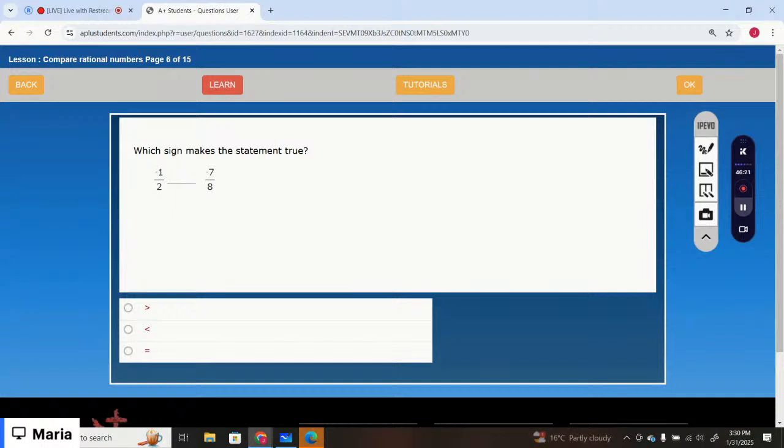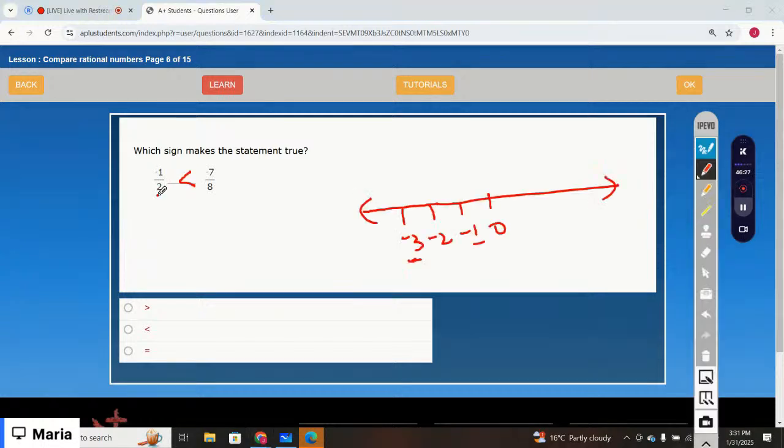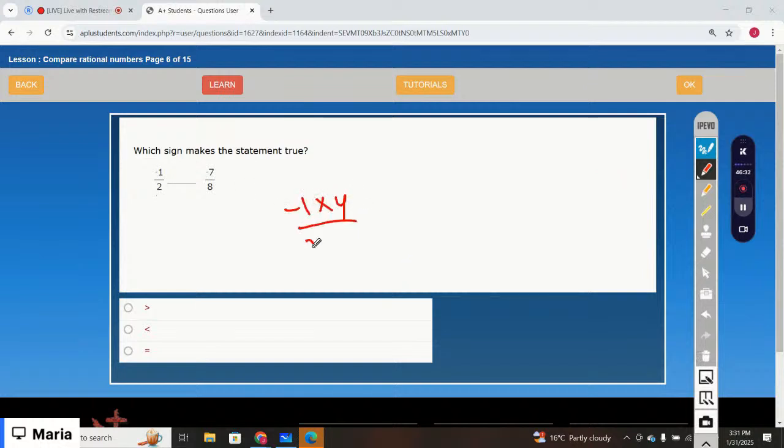Which sign makes the statement true? First thing you need to do is make their denominator same. So you can make the smaller denominator equal to greater one. So you have to multiply it by the 4 to make them equal because 2 times 4 is 8. That is negative 4 over 8 and negative 7 over 8. So as you are moving far from 0, the numbers are getting smaller and smaller.